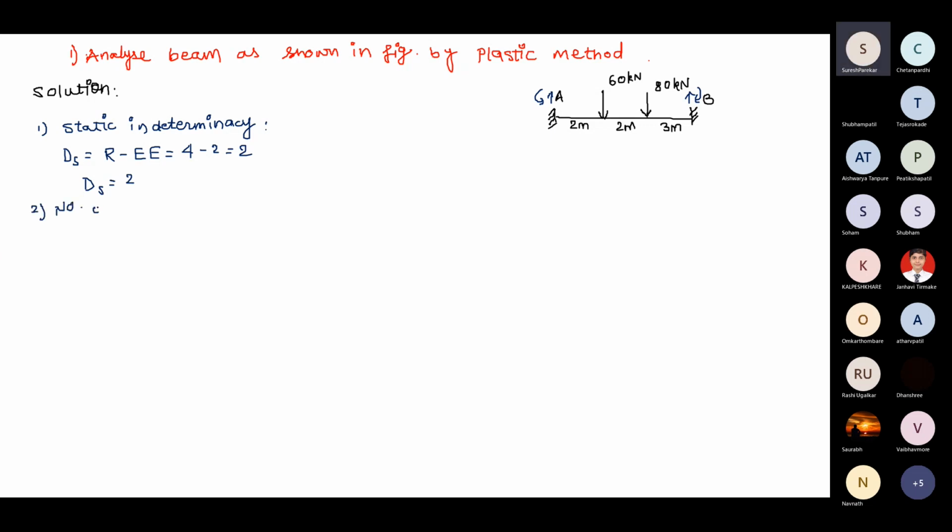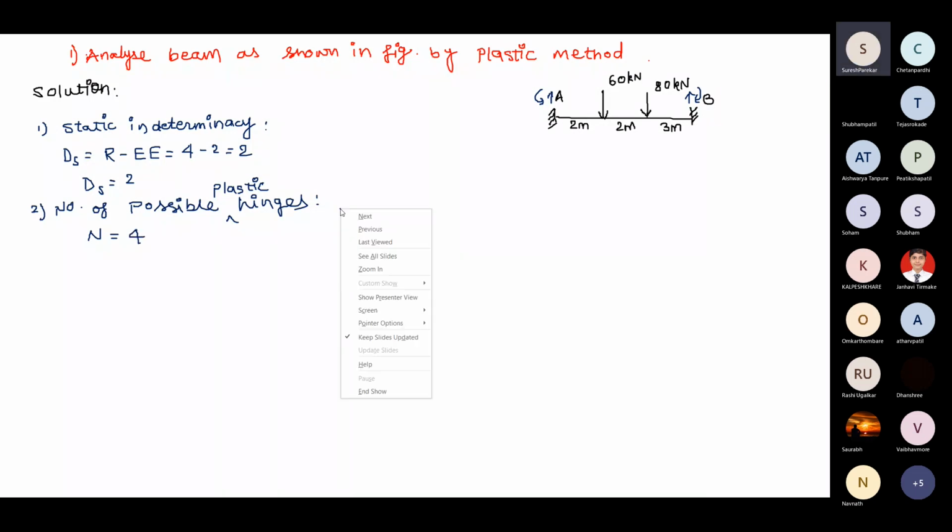Second, number of possible hinges. Possible plastic hinges. So we have capital N is equal to 4, as shown in figure.